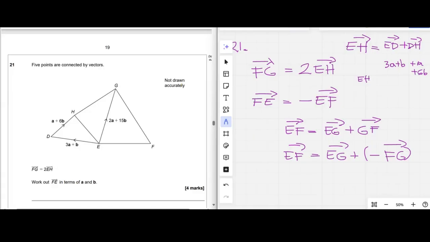So EH is 3a plus a is 4a, b plus 6b is 7b. Okay. So we have EH, so we can now put it in there. FG will be twice EH.